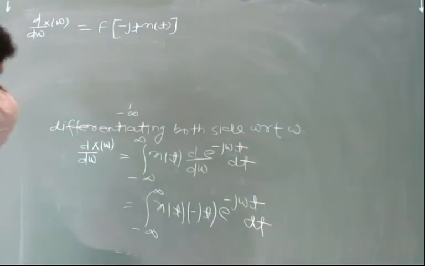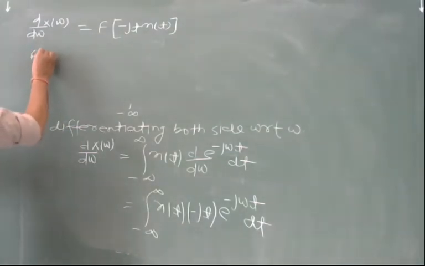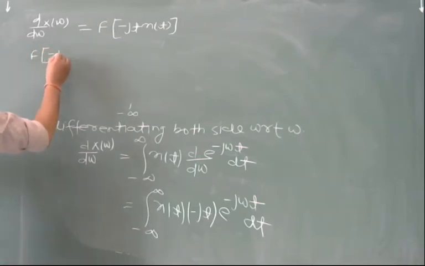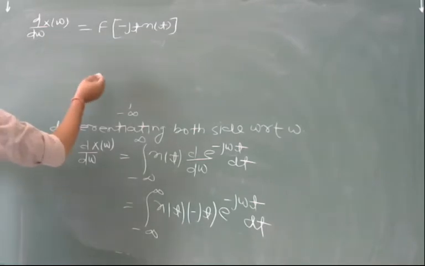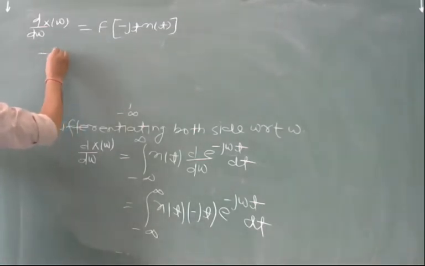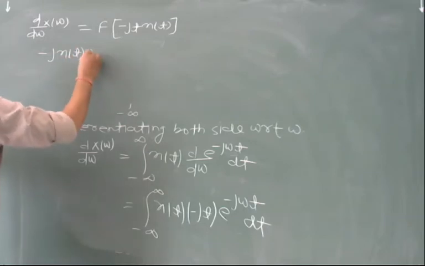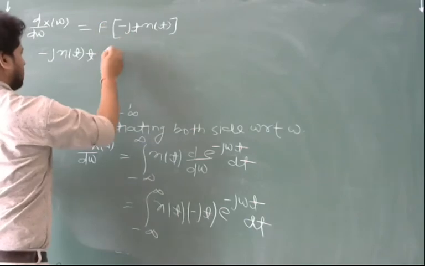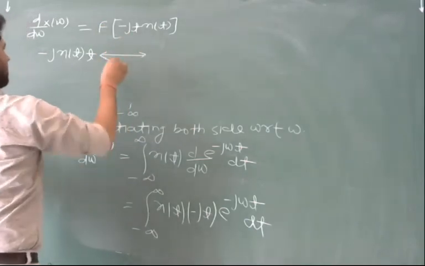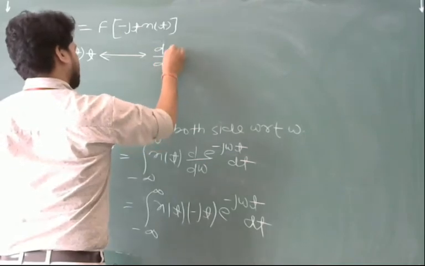Or we can write it as, if x(t) produces X of omega, then minus j times x(t) into t is the Fourier transform pair of d by d omega of X of omega.